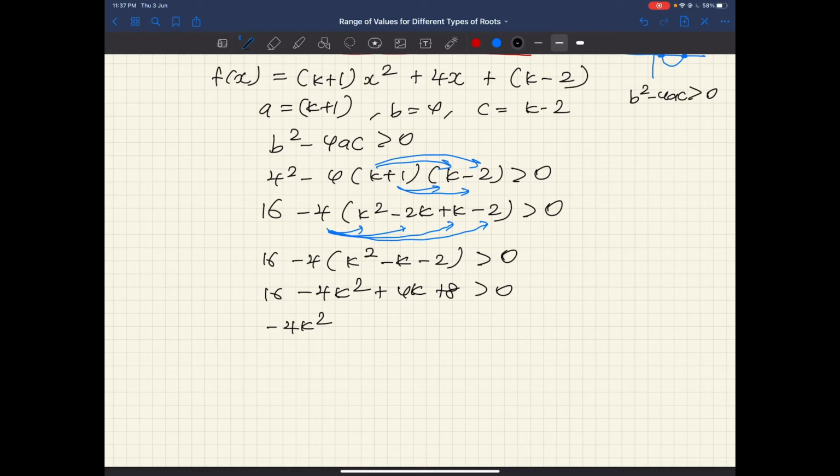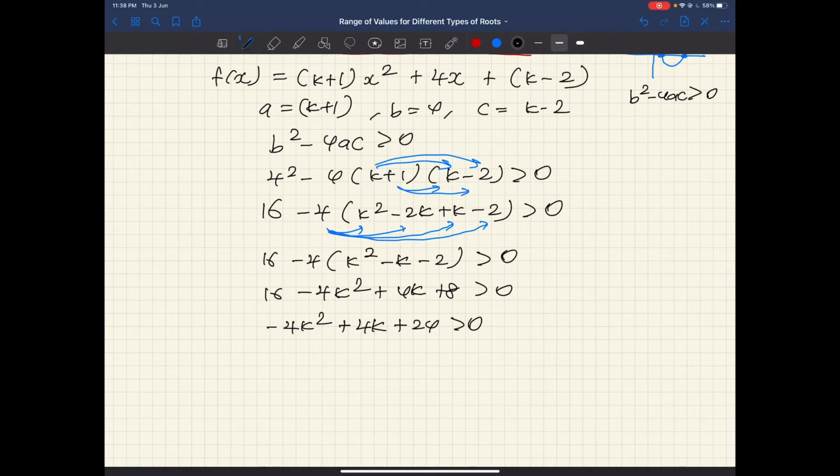So I'm going to write the same thing over here. My k square is going to sit at the front, followed by my bx, which is my 4k over here, and then 16 plus 8 is going to be plus 24 greater than 0. I prefer to have the sign in front of my x square to be positive.